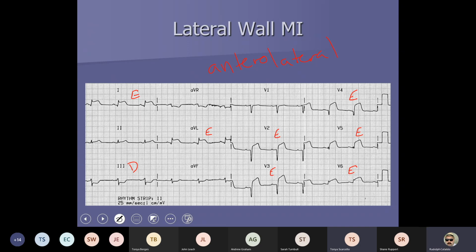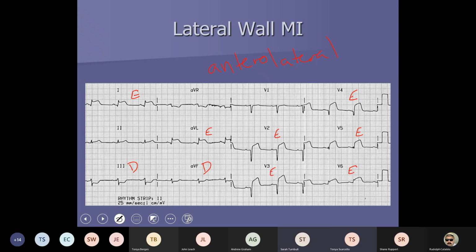I don't have a lot of depression around. I might have a slight amount here in AVF, but okay, my elevation, or my injury, is on the left side of the heart. Can you guys agree with that? And my depression is on which side of the heart?